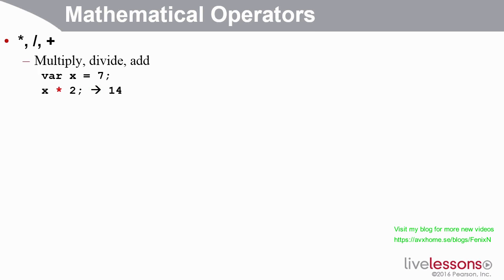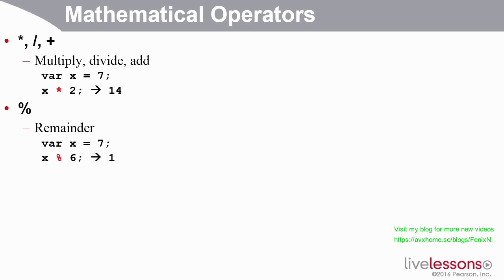So if I define a variable whose value is 7, and then I compute that variable times 2, the value that gets returned by JavaScript, in other words, the value you would see on the next line in the Firebug console, is 14. I'll use that convention consistently throughout the lectures, where the arrow is not something that actually prints out. It just means that's what the return value is.